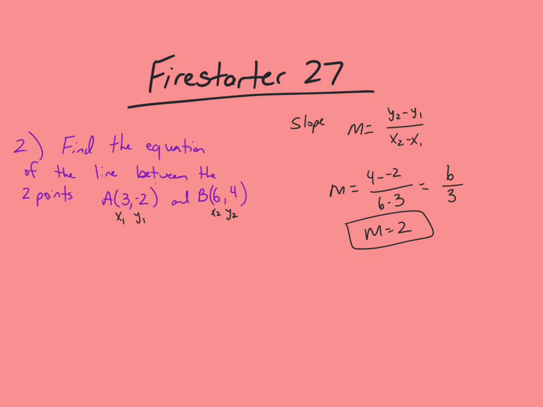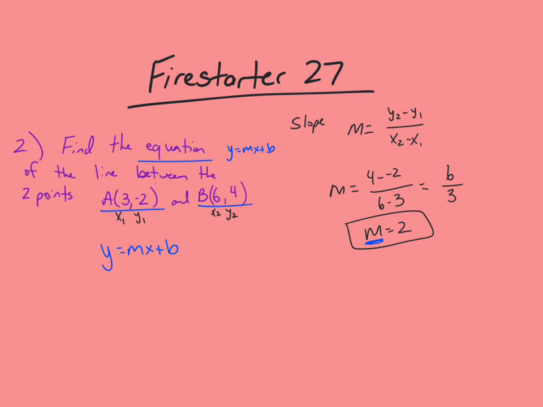Now remember, we're finding the equation of the line. So the equation of the line is y equals mx plus b. Well, I already know an M. And I'm going to use either this point or this point for x and y. It doesn't really matter which one. I'll use A. So I'm going to put y equals mx plus b.